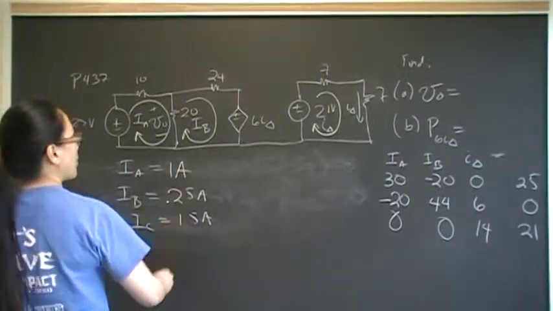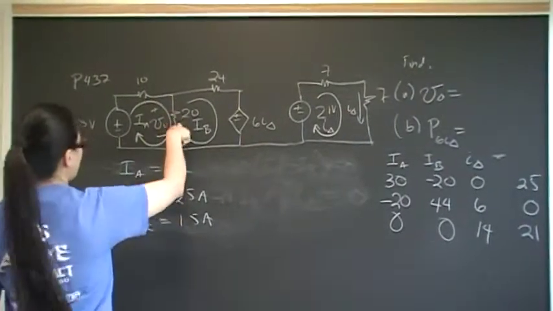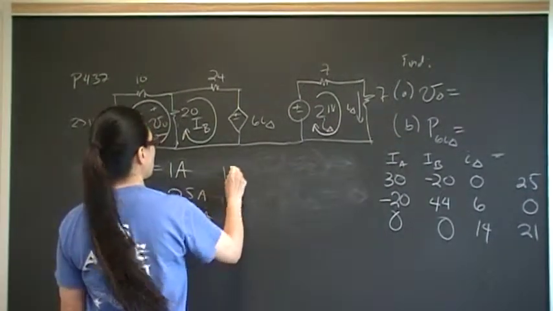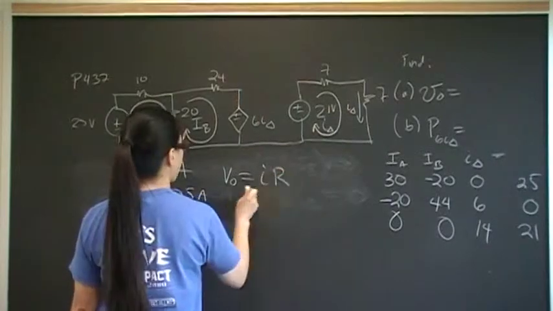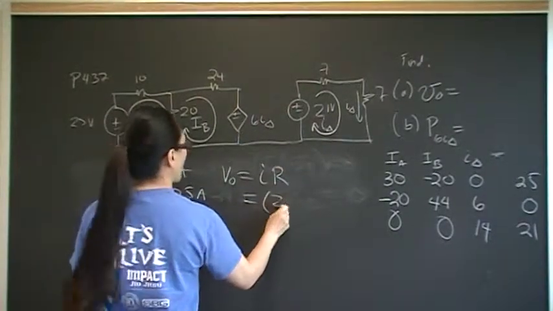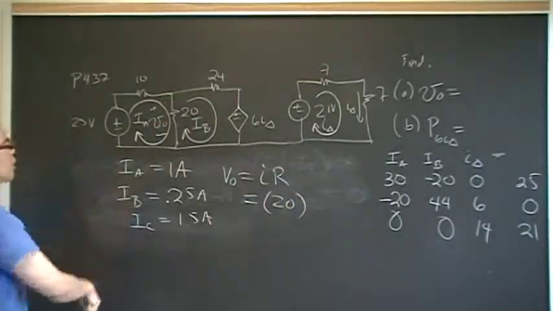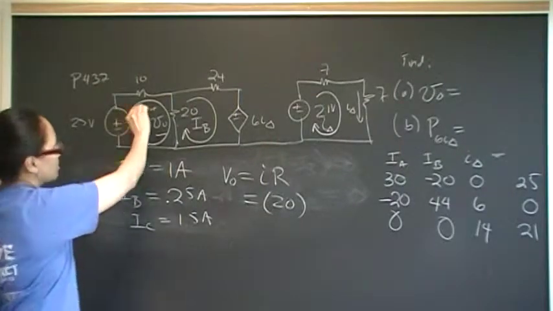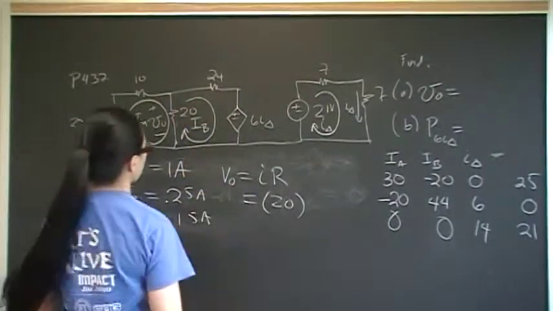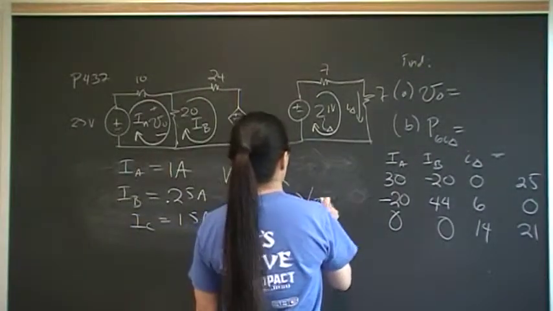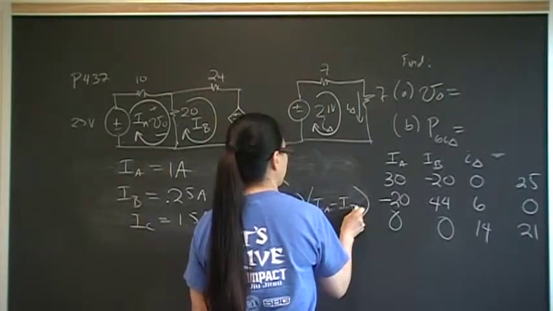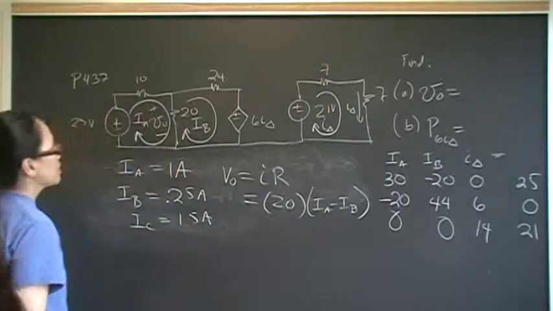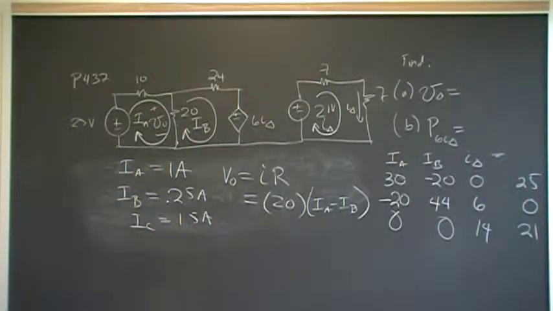So we're looking for the voltage drop across that resistor. Well, voltage is equal to current times resistance, right? So we know resistance is 20. And what is the net current going through that? Well, the net current is going to be IA minus IB. Now how do you know it's not IB minus IA?